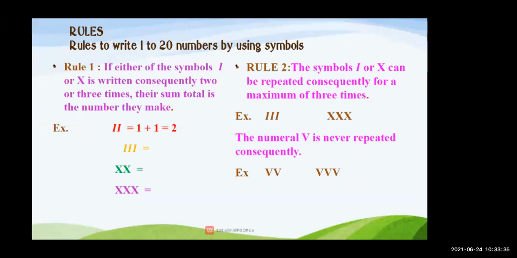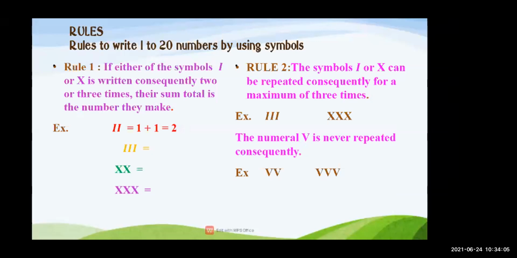Now the first rule is what? If either of the symbols I or X is written consecutively, consecutively means again and again, 2 or 3 times, then their sum total is the number they make.